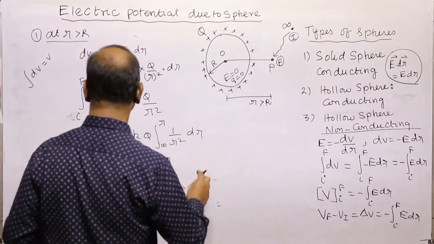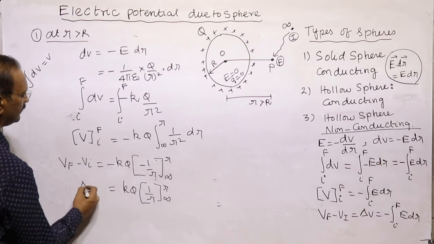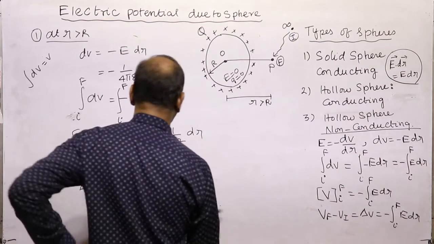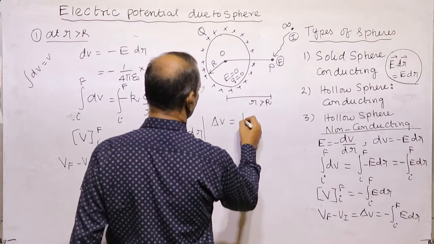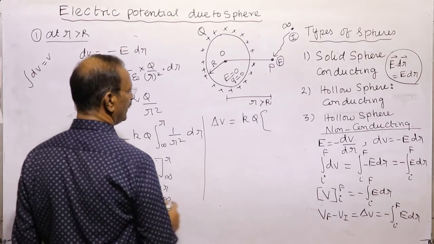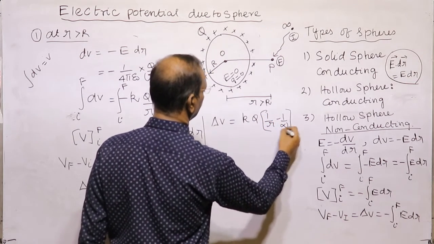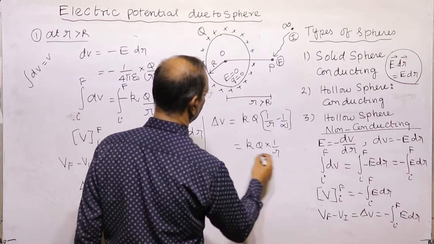Therefore V final minus V initial, what is it? Change in potential. We can write change in potential is equal to k into q, and applying the limit, top limit 1 by r minus 1 by infinity, is equal to kq into 1 by r. That is the change in potential.